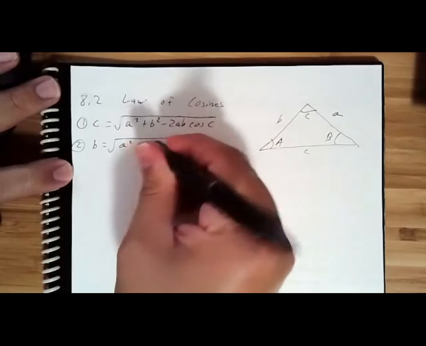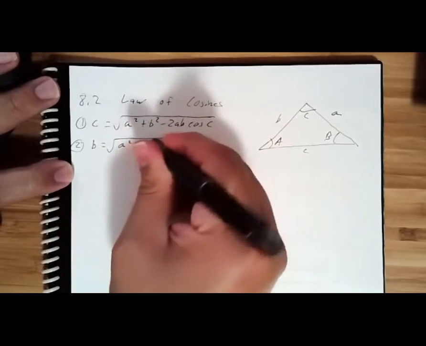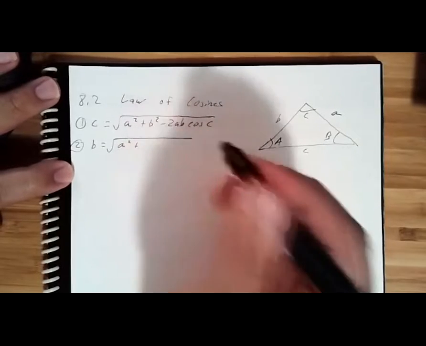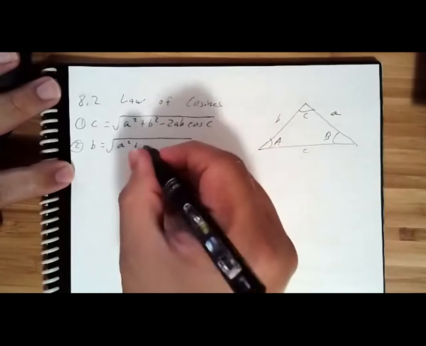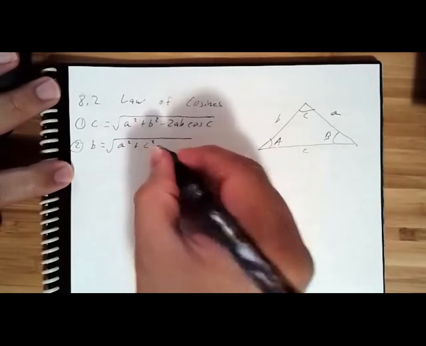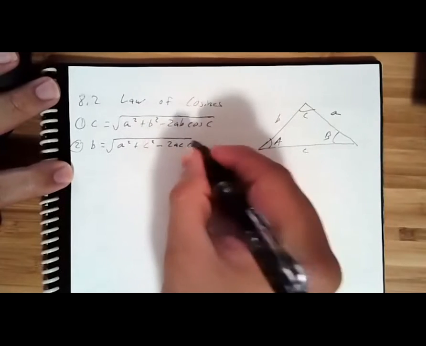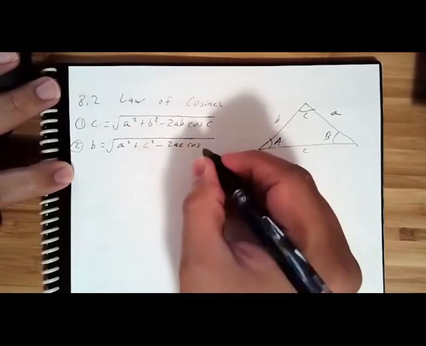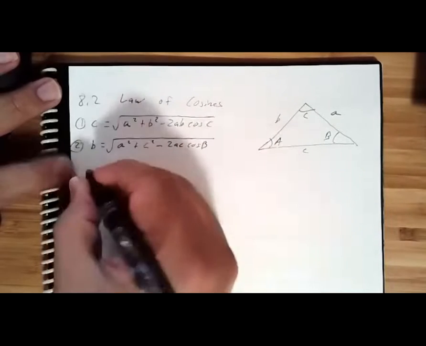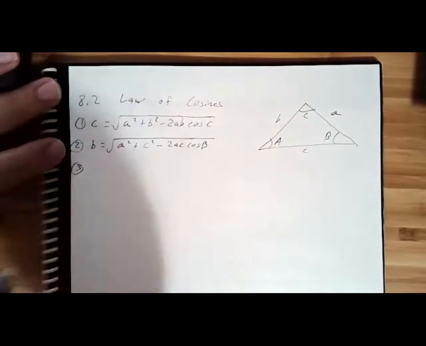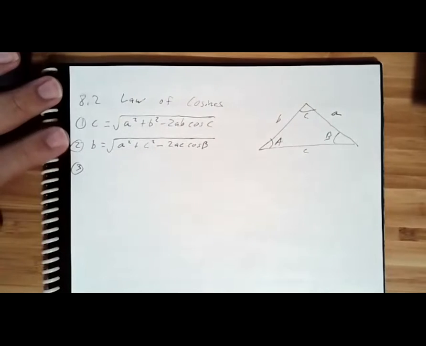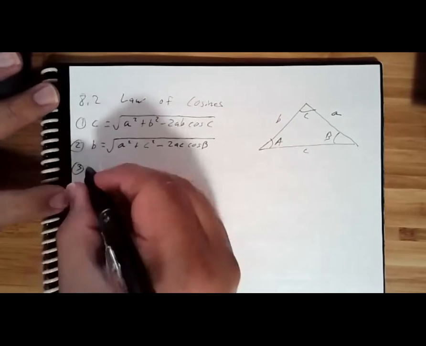The second one is you want to solve for side B. That would be a squared plus c squared minus 2ac cosine capital B. So I went ahead and solved for A, B, C for you.